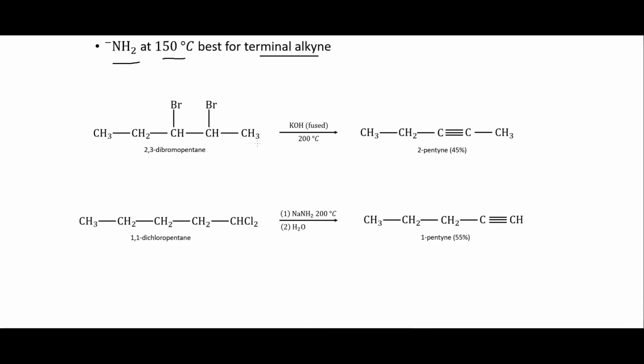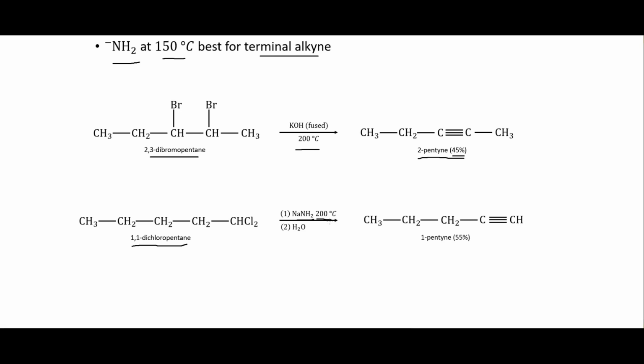And so we can see that here. So we have this 2,3-dibromopentane right here. We do this with the potassium hydroxide at 200 degrees, and we are getting this 2-pentyne. And so that's about 45% right there, so that's a fairly low yield. Then we have this geminal dihalide here, this 1,1-dichloropentane. We're using this amide right here.